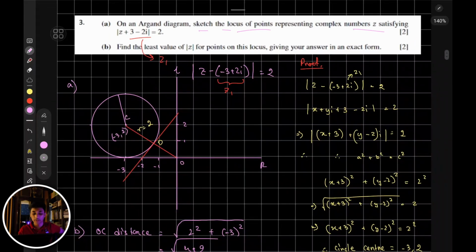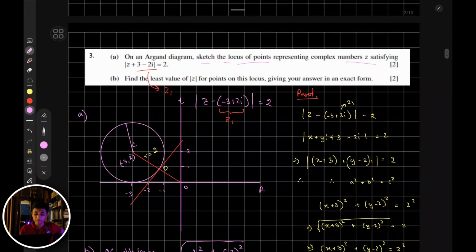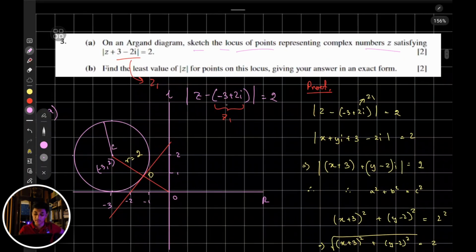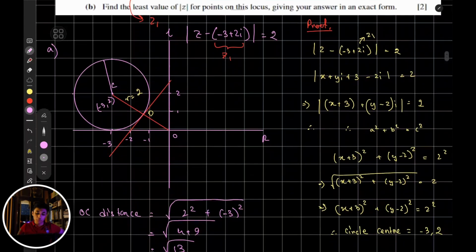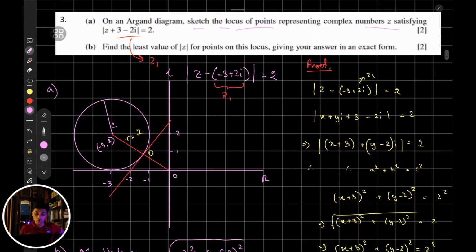Now what do we do? Now let's try and solve this. So you know that z plus 3 minus 2i, they're giving you the modulus. If you make this the subject, take the minus out, you get the complex number z1 and you plot that point, which is this. Great. So now you draw a circle, since you know the distance between z and z1 is always going to be 2.